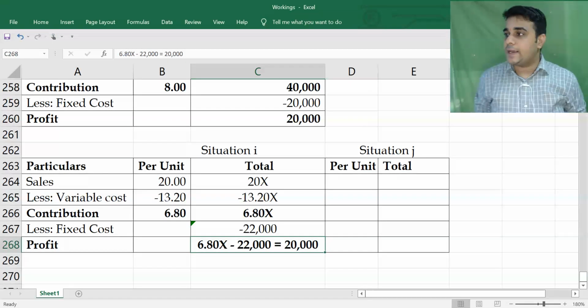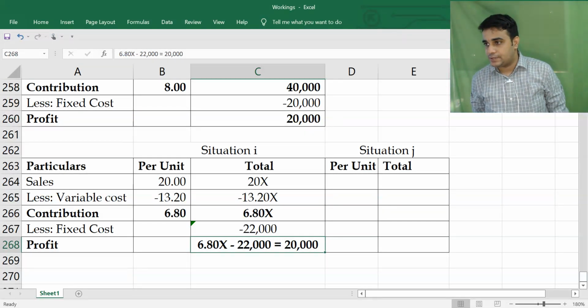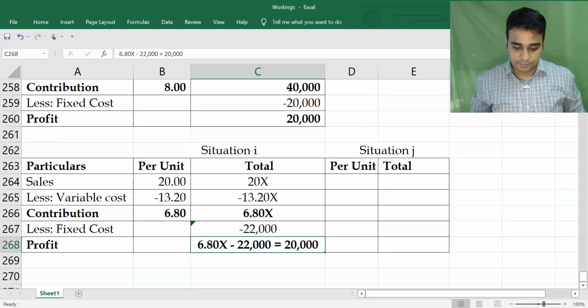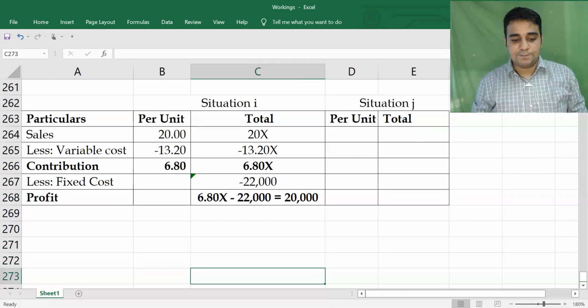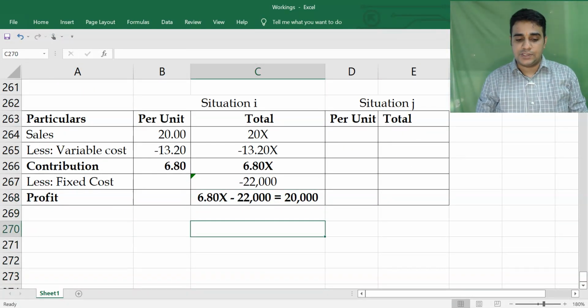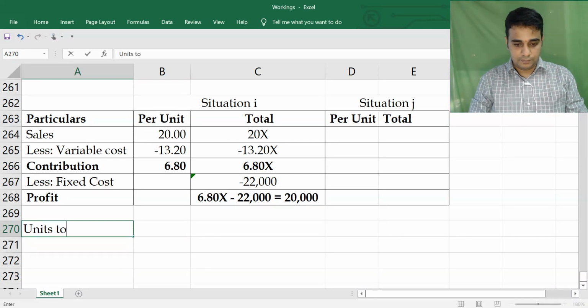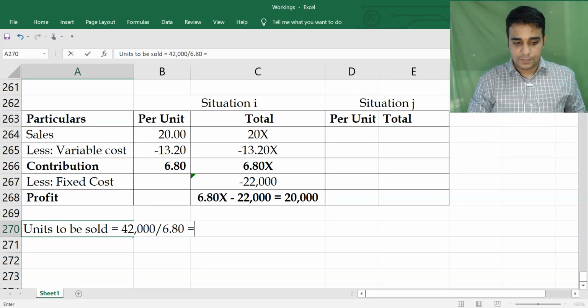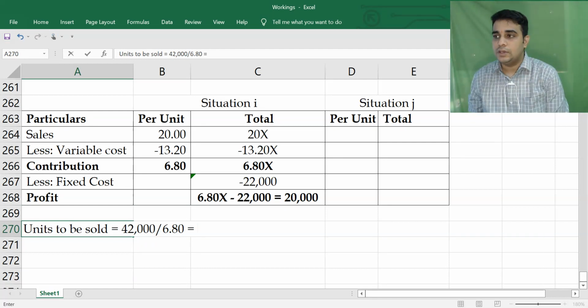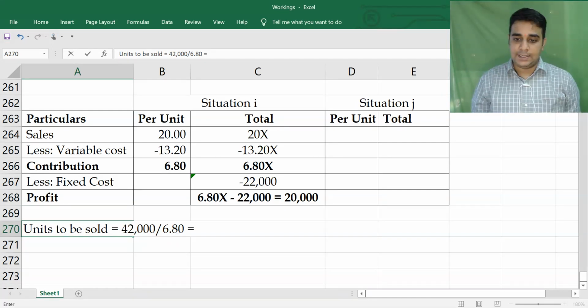You will get an answer to X, that is the unit sold, and from there value of sales. 42,000 divided by 6.8. How many units?